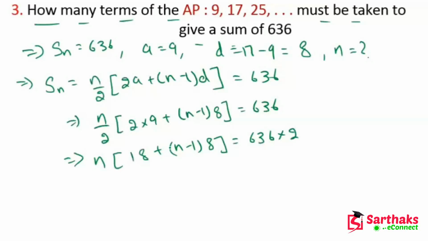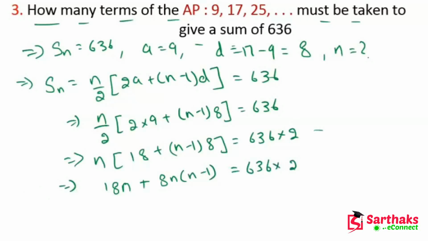Now if we multiply this, we get 18n plus 8n into (n minus 1), which is equal to 636 into 2.